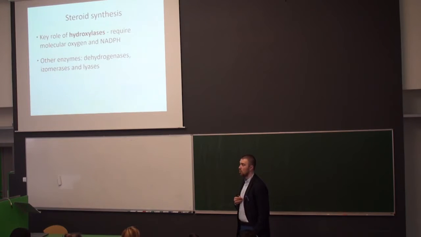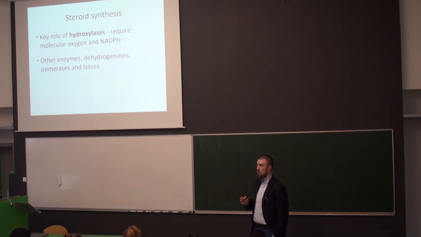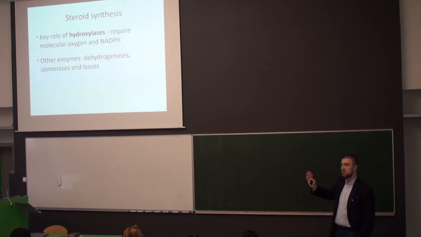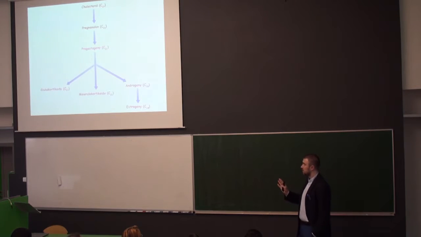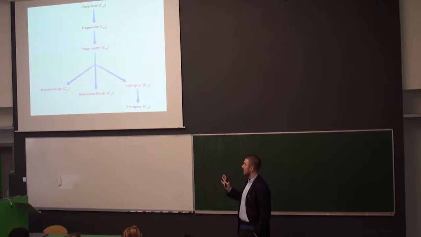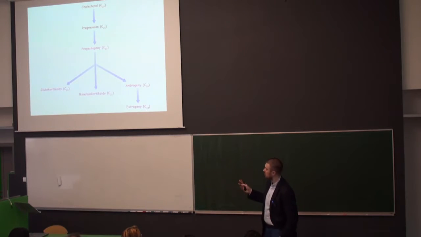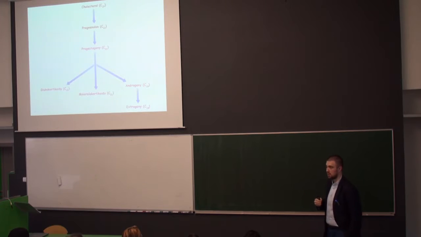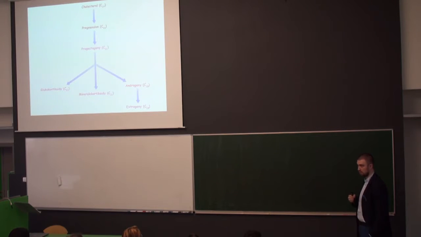Yes? What we expect you to know, for the key steroid hormones, is the series of the steps. So this is the first simplified version that is useful for you to know. We can say that pregnenolone is the same for all, and then pregnenolone is directly converted to gestagens, to progesterone.